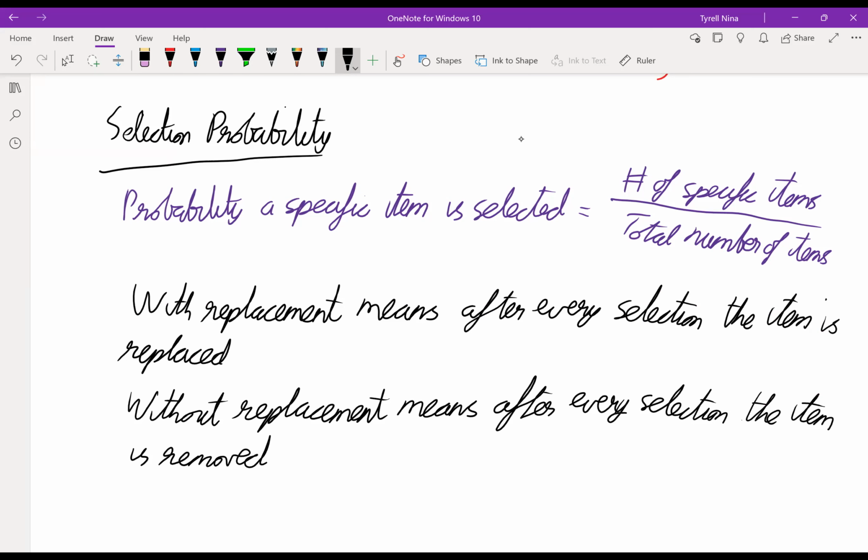And I want you to remember this: and means multiply, or means add.